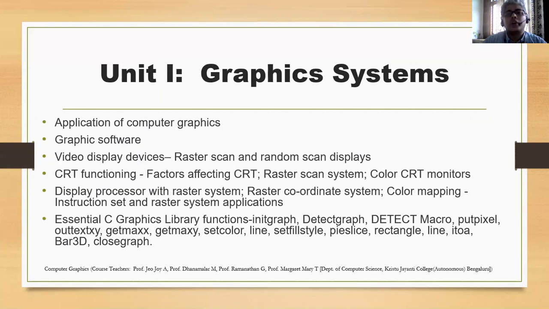Unit 1 on graphics systems covers topics like the applications of computer graphics, an introduction to graphics software, the video display devices, CRT functioning, display processor, and some essential C graphics library functions like initgraph, closegraph, getmaxx, getmaxy, all those things.